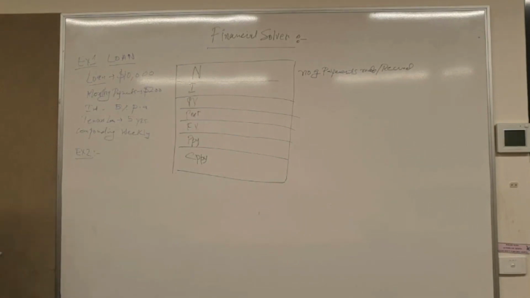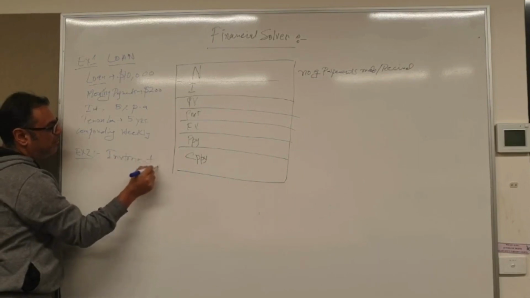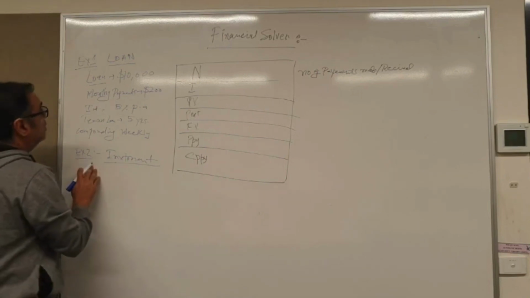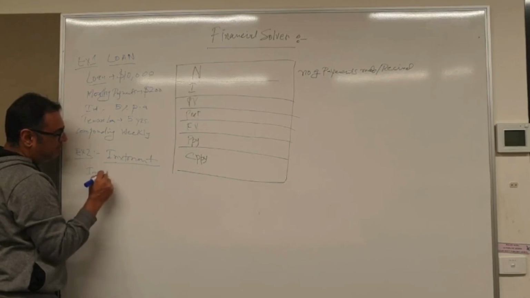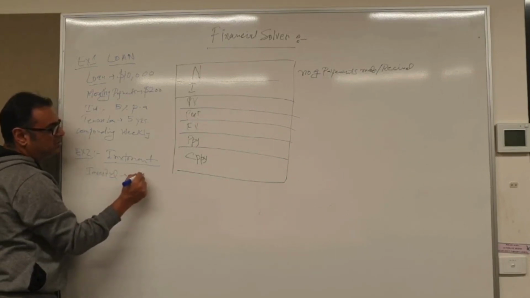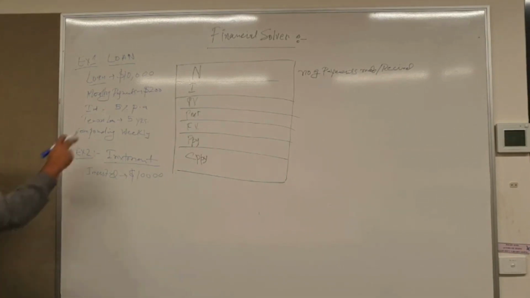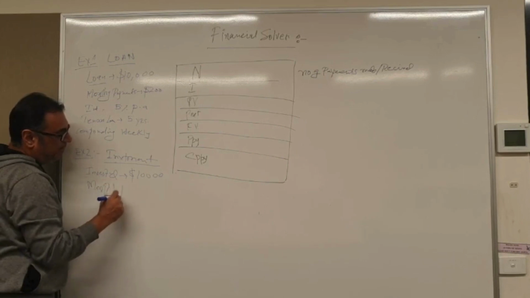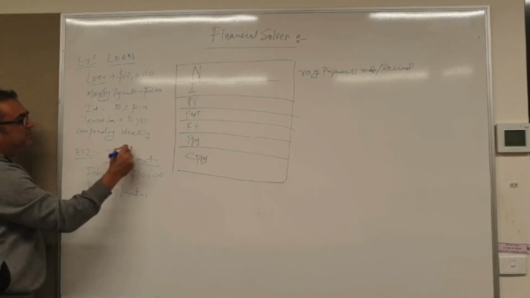The other scenario is an annuity scenario, that's an investment scenario. Apologies for the incorrect English spellings. Let's say someone has invested $10,000, with monthly payments, and this is an annuity investment.